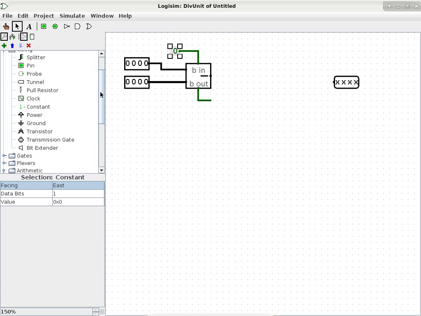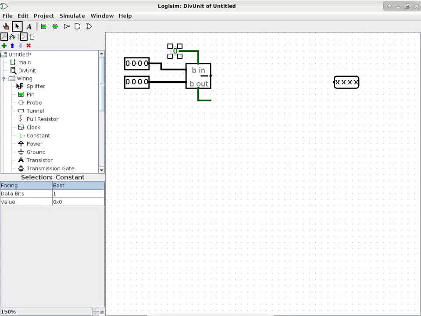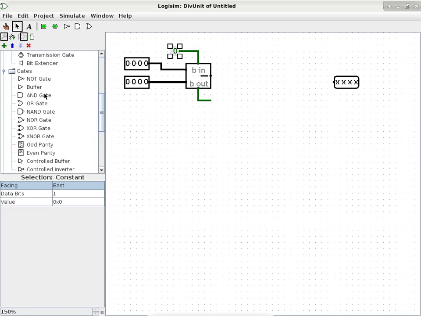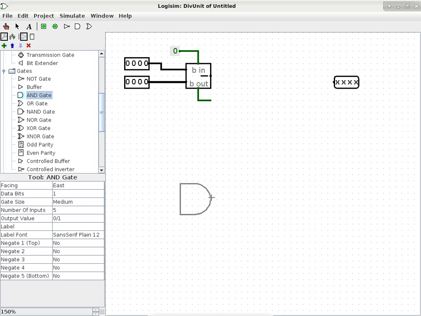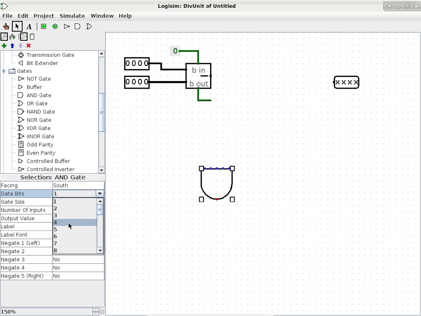We know how to do the multiplier from the previous homework assignment, which is basically just to go to gates. If you want to recycle your code from your previous one, that's fine, but I'm not going to do that. So I'll just go ahead and do this once here. So we'll say face south, 1 data bit, 2 inputs.